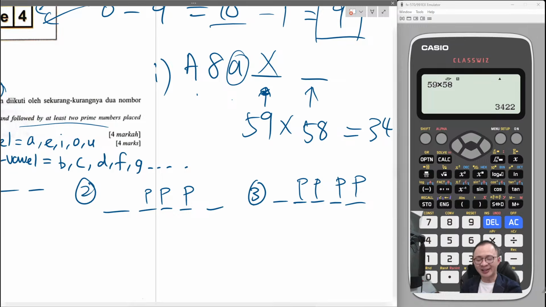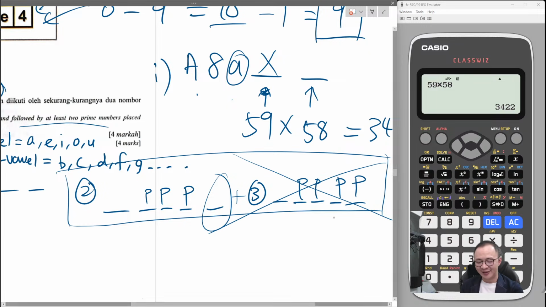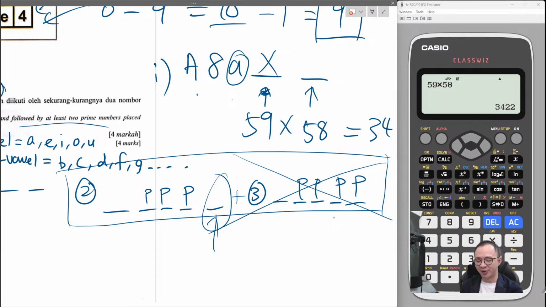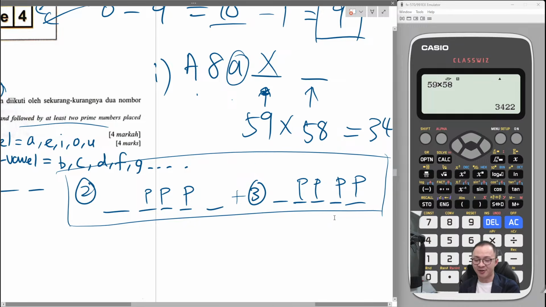But I believe Kevin told me case 3 and 4 can be added together, because the last digit being prime or not prime is included, since we also want followed by 4 prime numbers. So you can just ignore this one and assume we can put any number here, then you get the same result as doing it separately. But if you check the marking scheme, they do it separately. So whether you do it separately or not, you decide yourself.